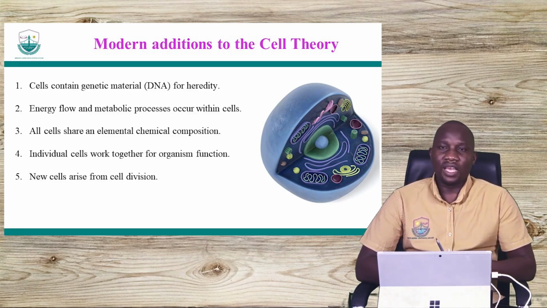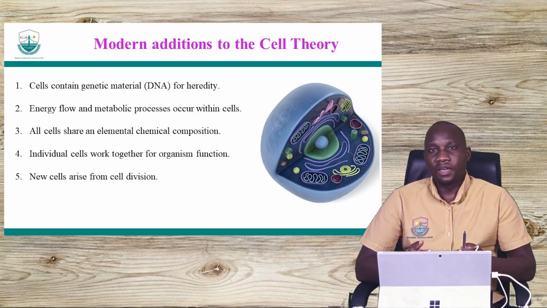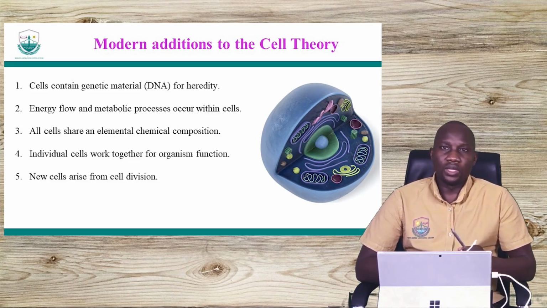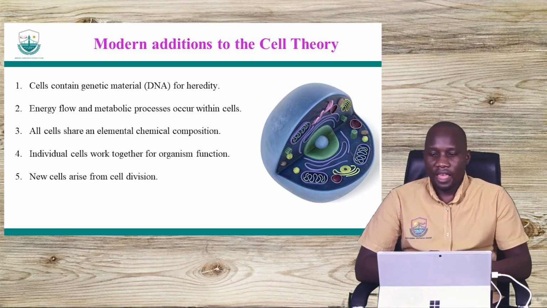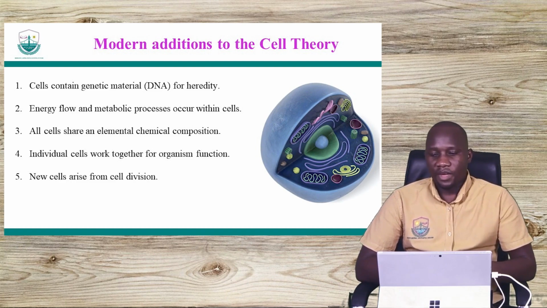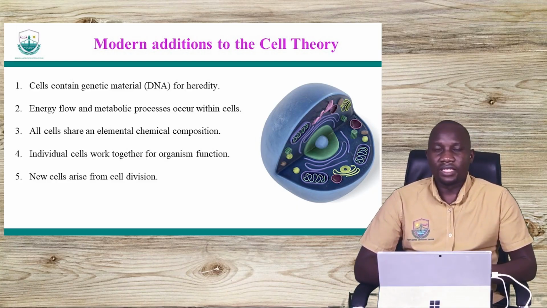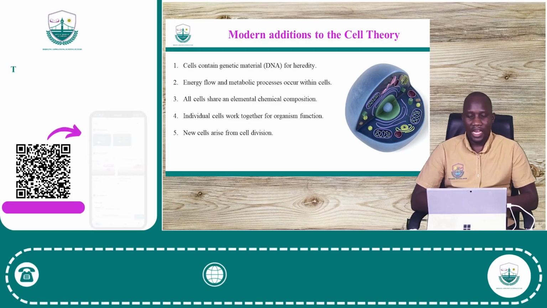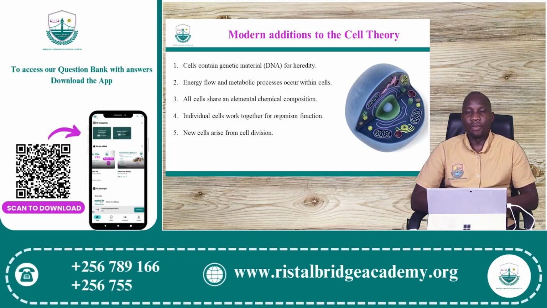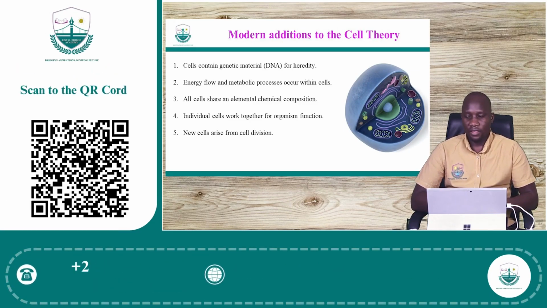This is to say that genetic information is passed from the parent cell to the daughter cell through the DNA. And then the next point is that within cells, we have energy flow and metabolic processes. The metabolic processes of life that I have described earlier occur within the cell.